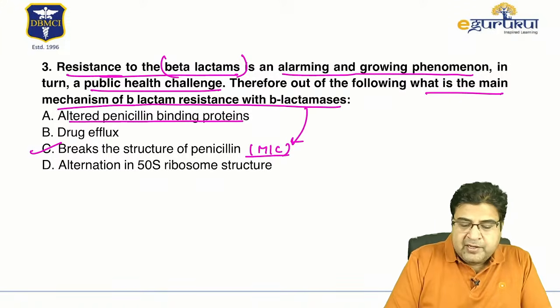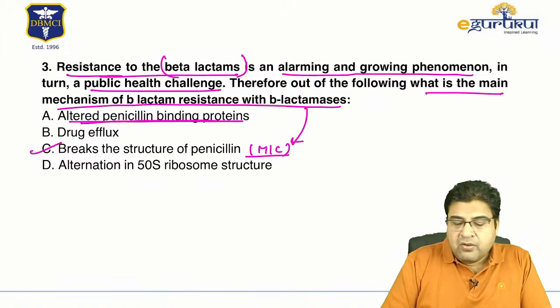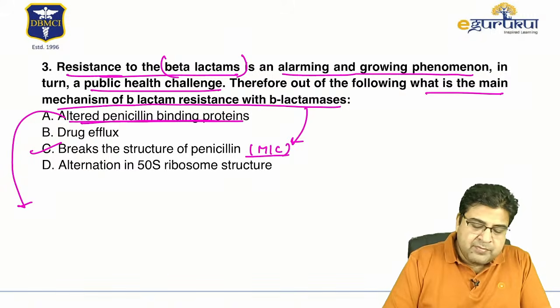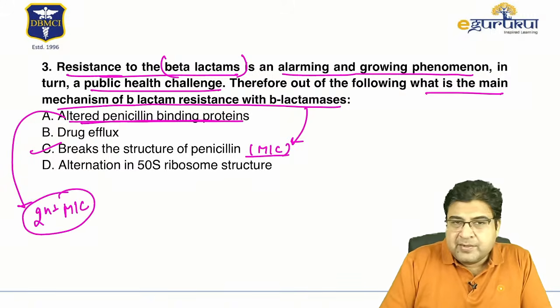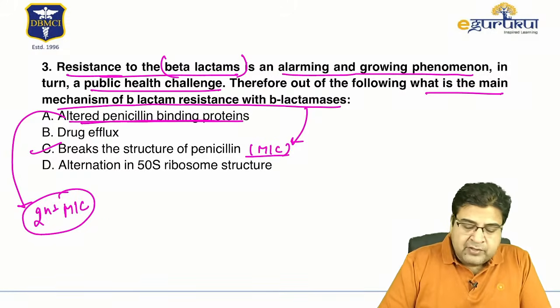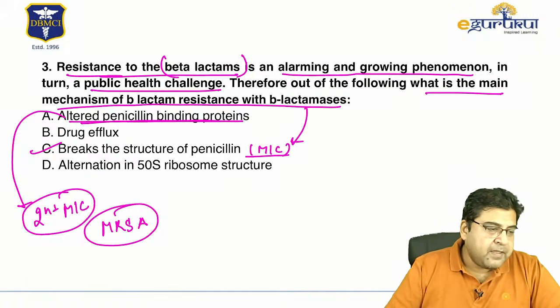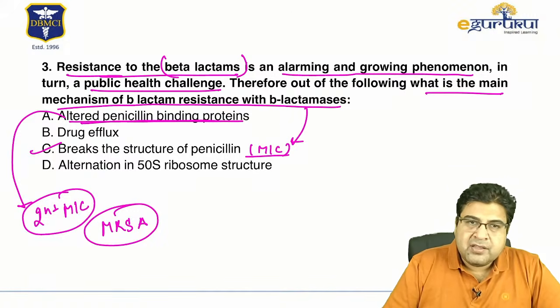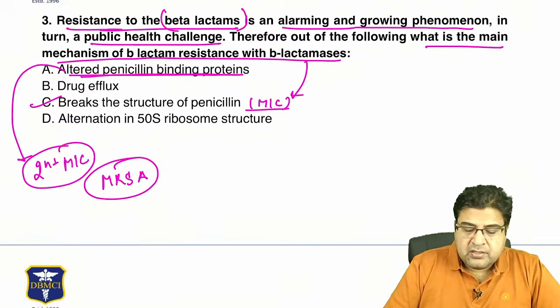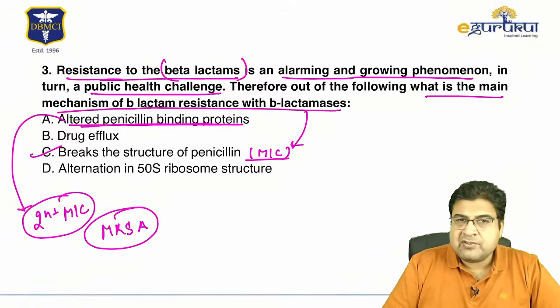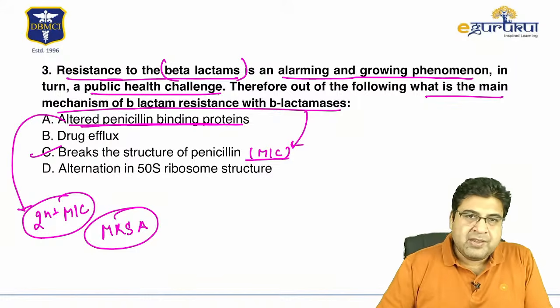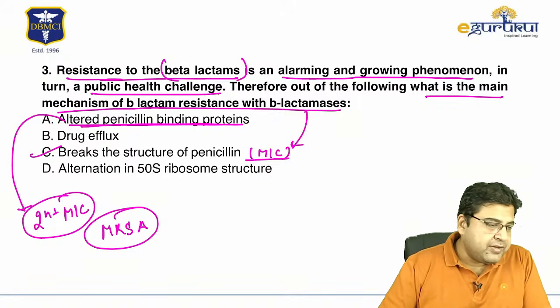Now, the bacteria can also change the medicine target. It's the second most common method of resistance. And when Staph aureus changes the beta-lactam target, we call it MRSA. So MRSA is methicillin resistant Staph aureus, in which the penicillin binding protein is modified.